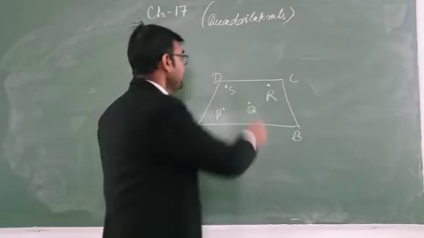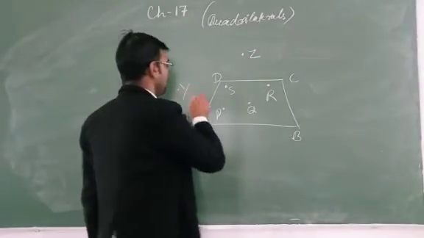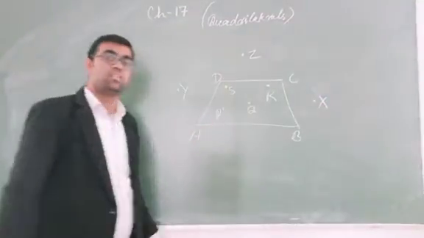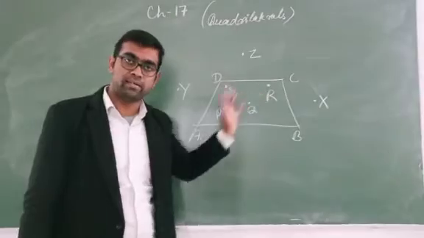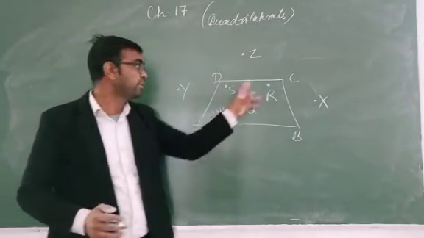Next, here X, Y, Z. These are exterior points of the quadrilateral. The part which lies inside is said to be interior.